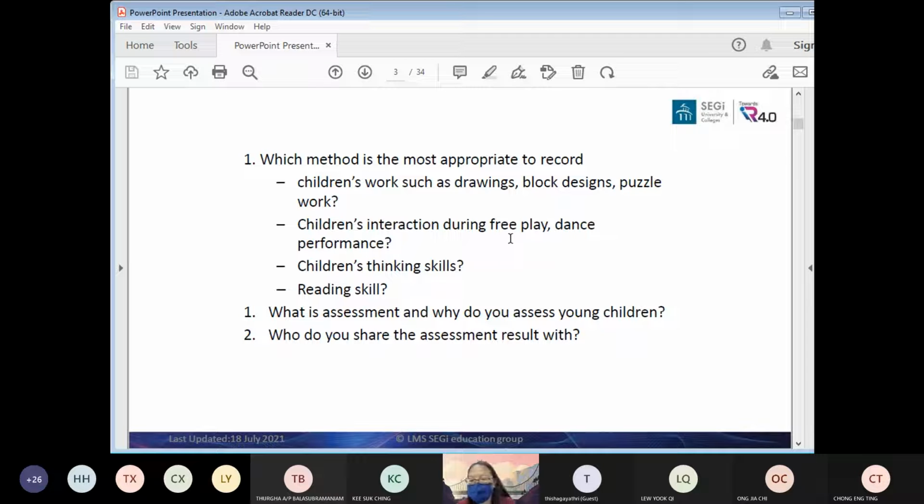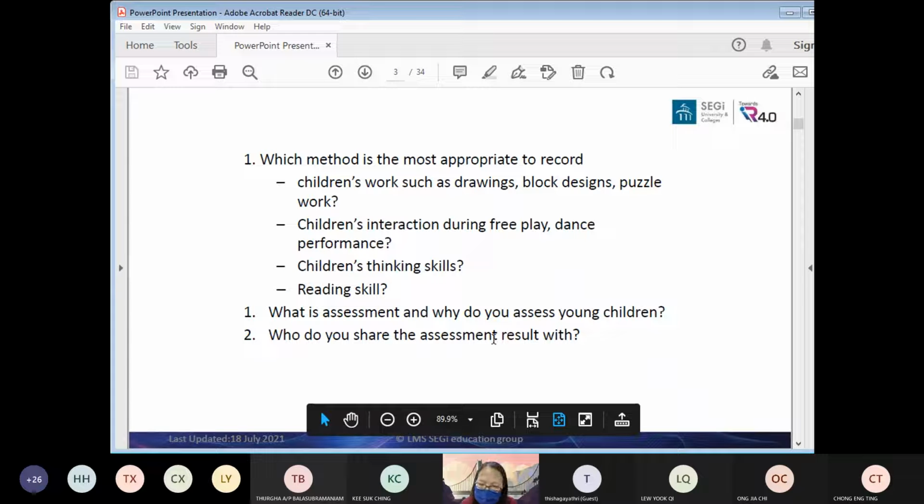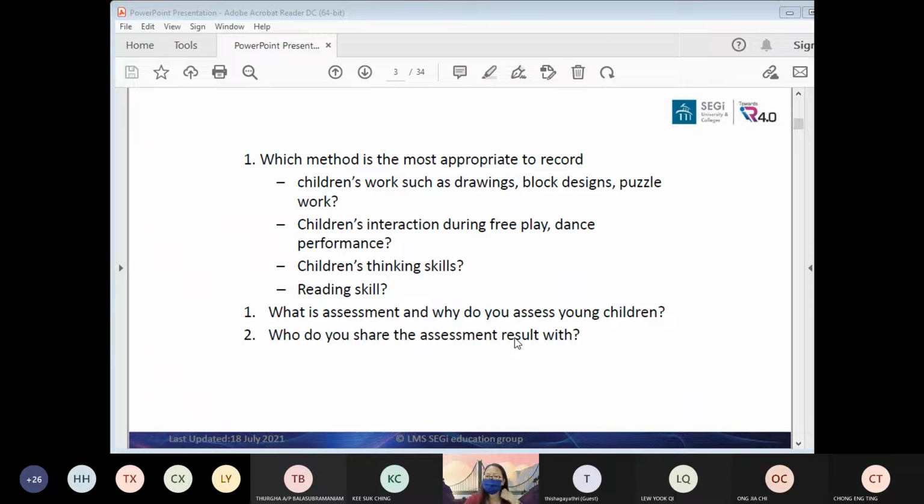Who can tell me? Before I give you my answer, you tell me, why do we assess young children or kids? I call them children better. Cynthia?